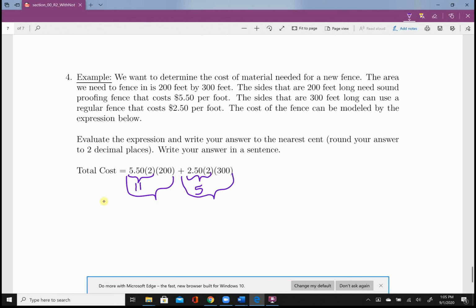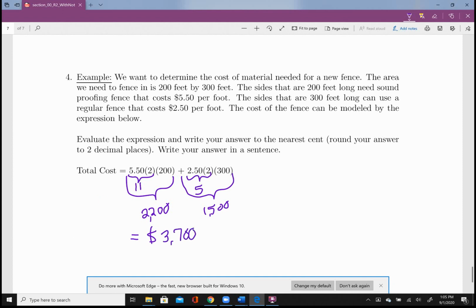So 11 times 200 would be 2200, right? And this 5 times the 300 would be 1500. So what's 2200 plus 1500? 3700. And it's in dollars.